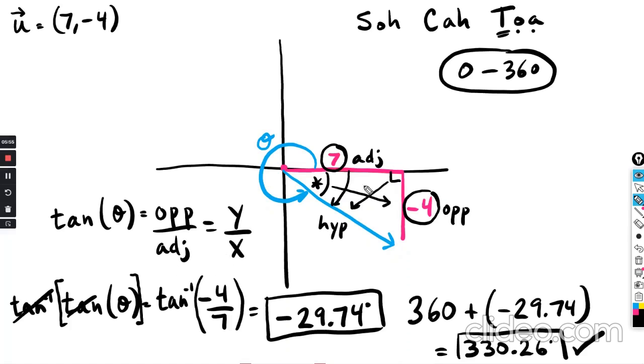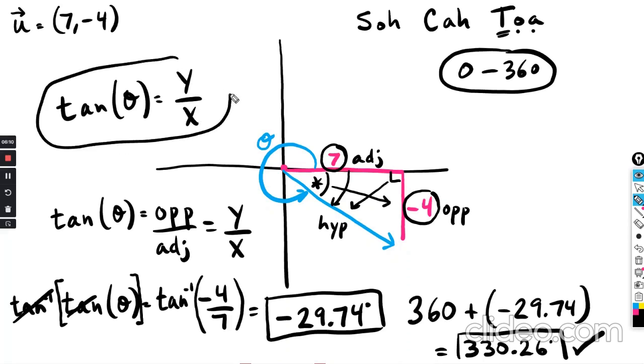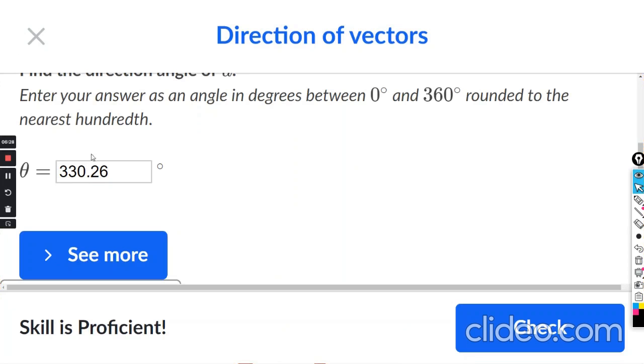So from now on, instead of going through this process, we can just use the formula tan of theta equals y over x. This is the formula for this assignment. We're going to have to make adjustments on some of the problems, like we did here, as you will see. Anyhow, 330.26, so just enter that in the box. Nearest hundredth is 2 decimals.